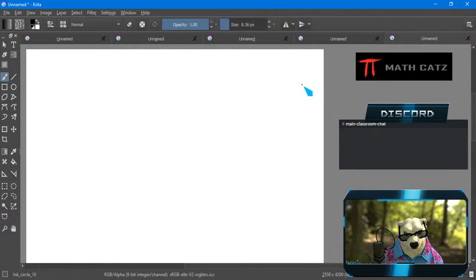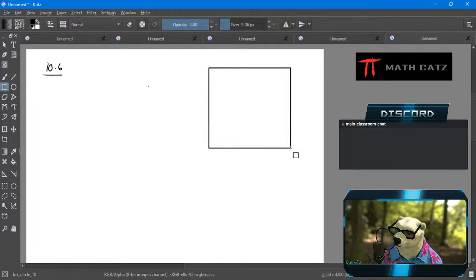Okay, so now I want to do 10.6. And I want to draw a little diagram here. Let's get a square. Nice big square. And what's gonna happen is I don't have a square, it's a rectangle.